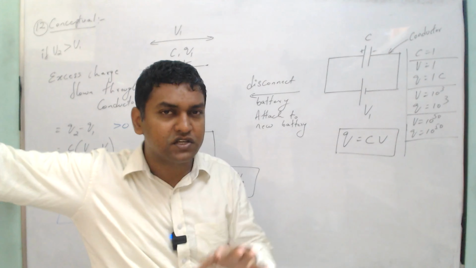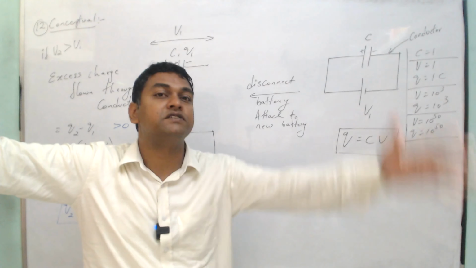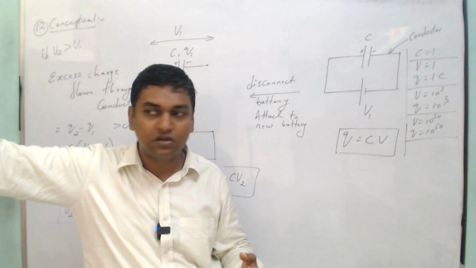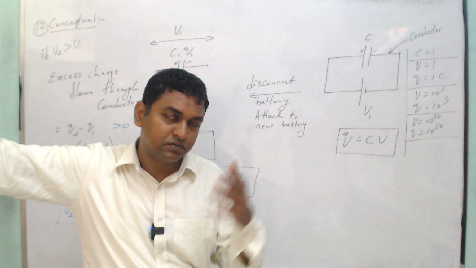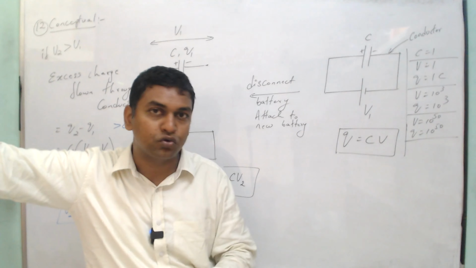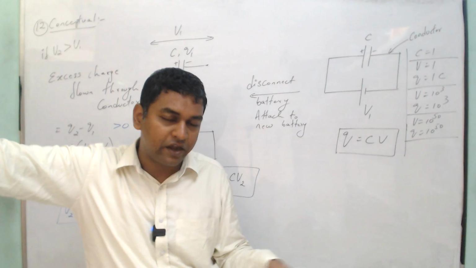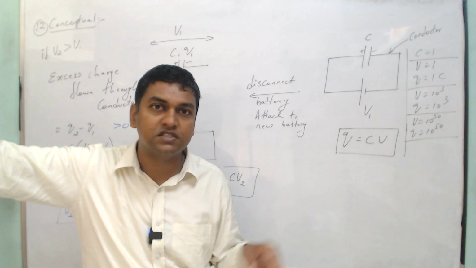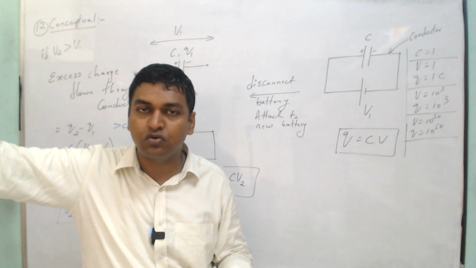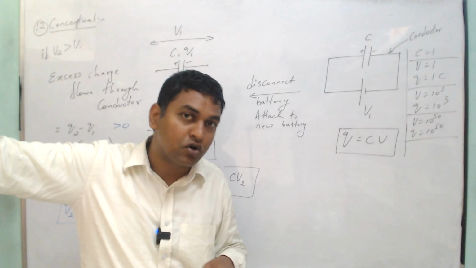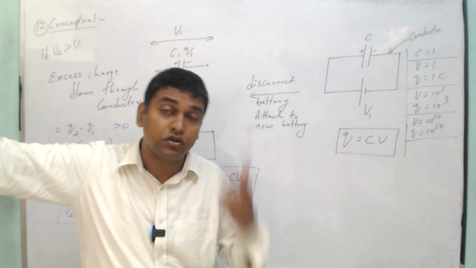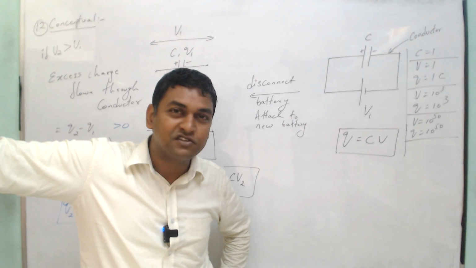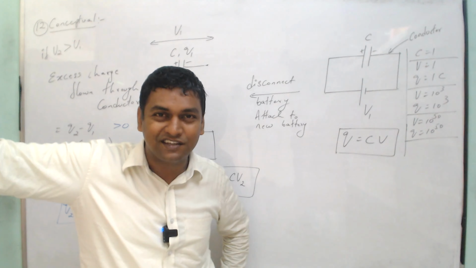Minus 10 coulomb flowing is electrons, but plus 10 coulomb is not protons moving. Playing with protons is nuclear energy, and protons are inside the nucleus. That is not a small energy.